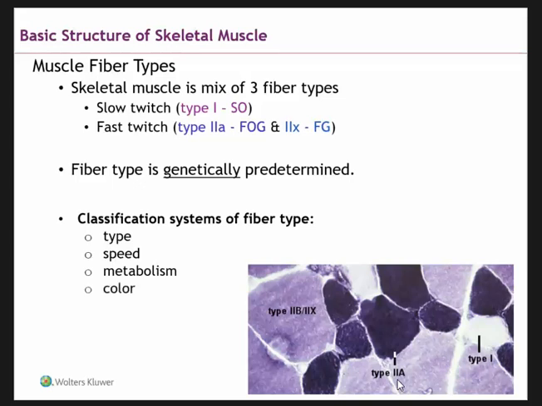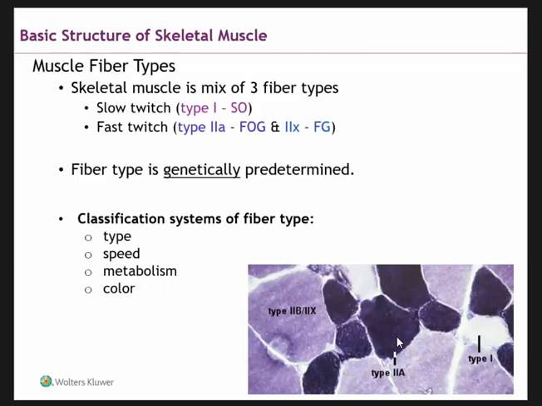Color. So we have red versus white fibers. And don't look at this picture because it shows type 1 being white, but this is just the stain. These fibers are stained with a different chemical. But if you were just to look at muscle itself, type 1 fibers are going to be more red in color, and then type 2 fibers are going to be more white in color.